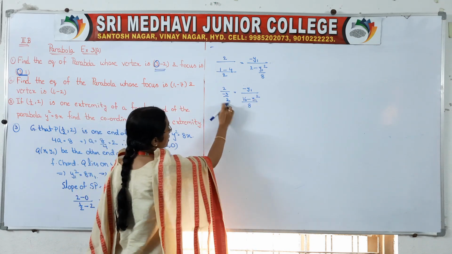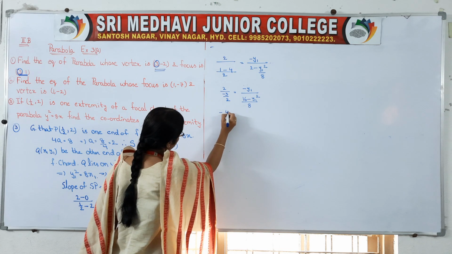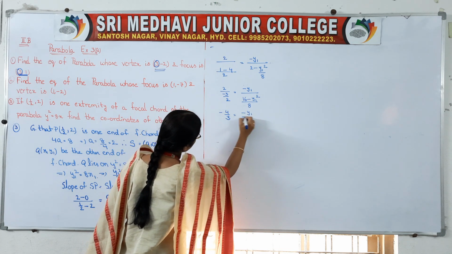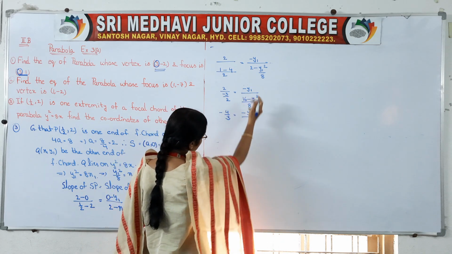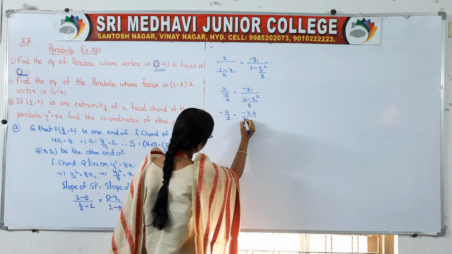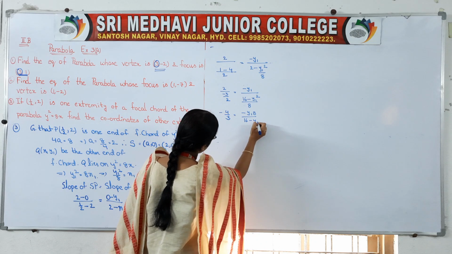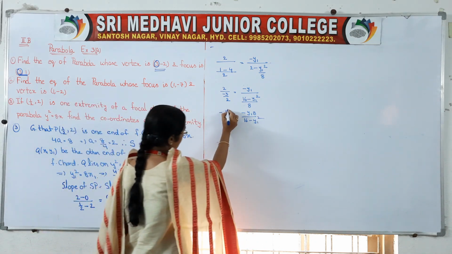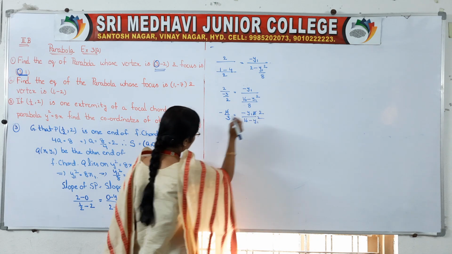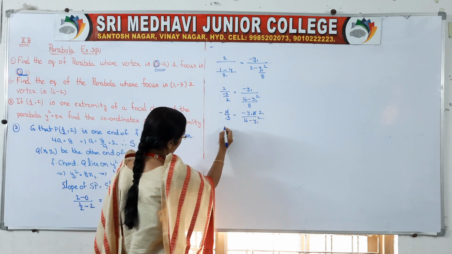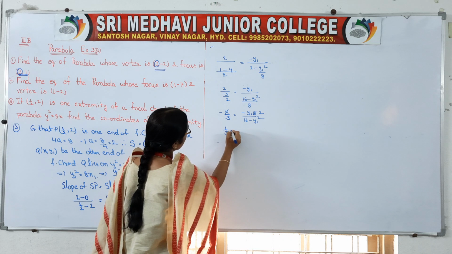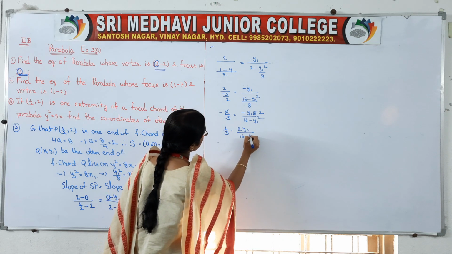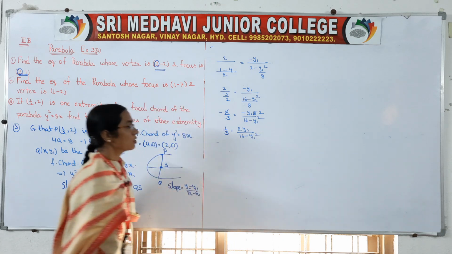So this is 2 2s are 4, minus 4 by 3 is equal to minus y1 by 8 goes upwards, so 16 minus y1 square. Minus minus cancel, and 4 2s. So now you have 1 by 3 is equal to 2y1 by 16 minus y1 square.